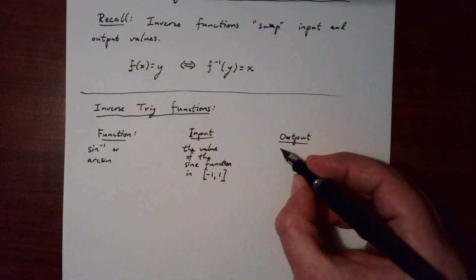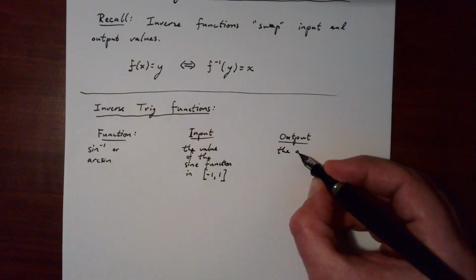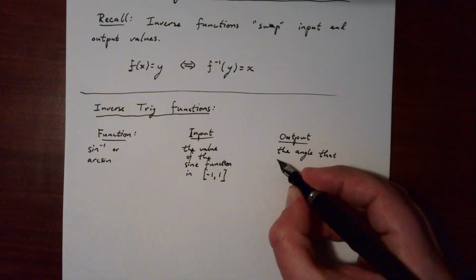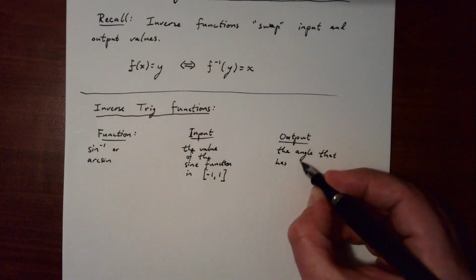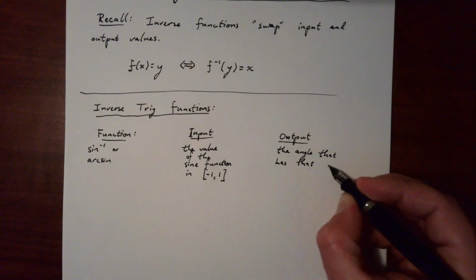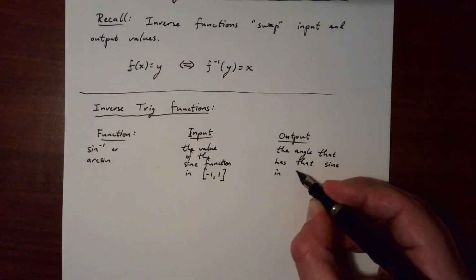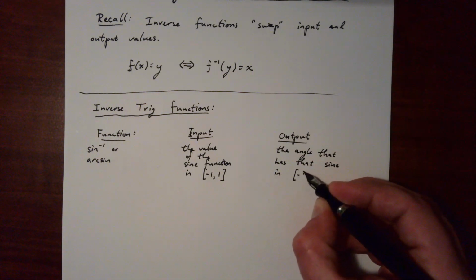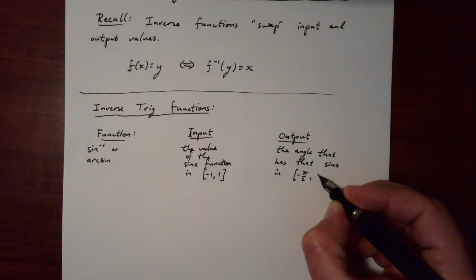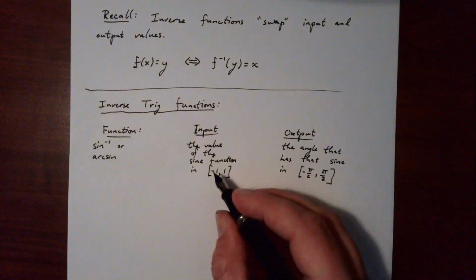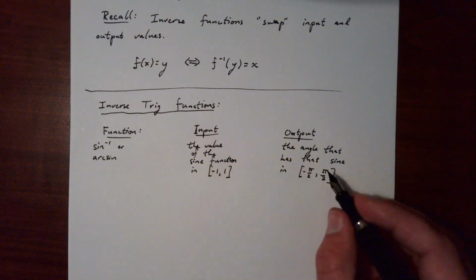And the output will be the angle that has that sine, and that's going to be in -pi/2 to pi/2. So you give it the sine value, it gives you the angle.